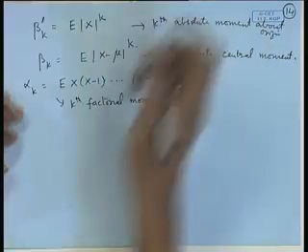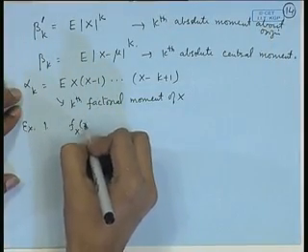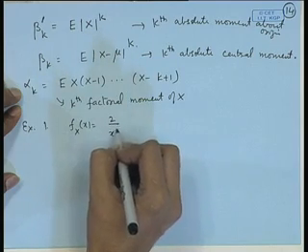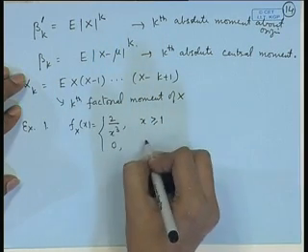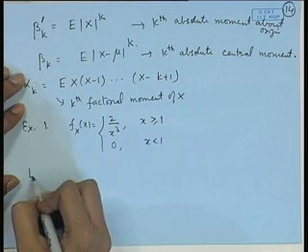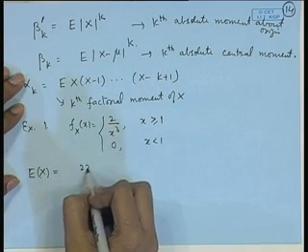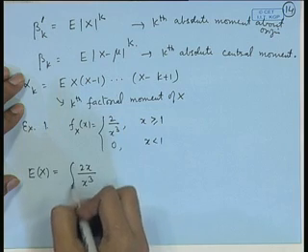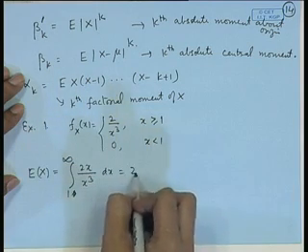Let us take one example. If I consider f x equal to 2 by x cube for x greater than or equal to 1 and 0 for x less than 1. If we consider the expectation of x, then it is equal to the integral from 1 to infinity of 2 by x square dx, that is equal to 2.